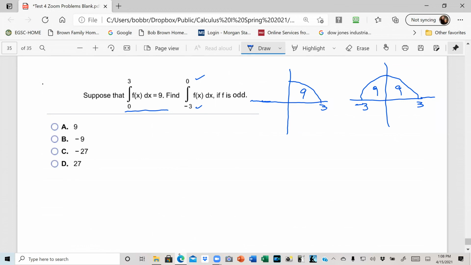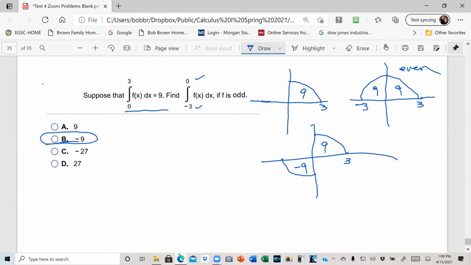But it's an odd function. Since it's an odd function, it'll look like this. The left-hand side would be the negative of the right-hand side. And so its area would be minus 9. And that is the last problem.